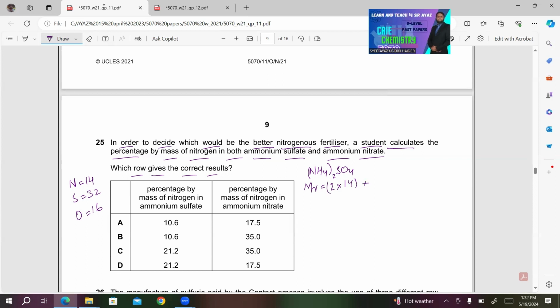Plus, for hydrogen, we know that's 1, so 4 multiplied by 2 is 8, so 1 multiplied by 8. Plus, we have 1 atom of sulfur, 1 multiplied by 32.